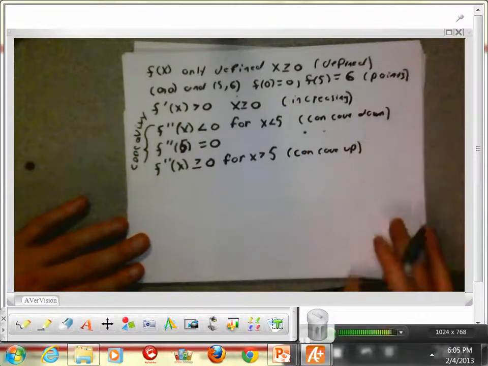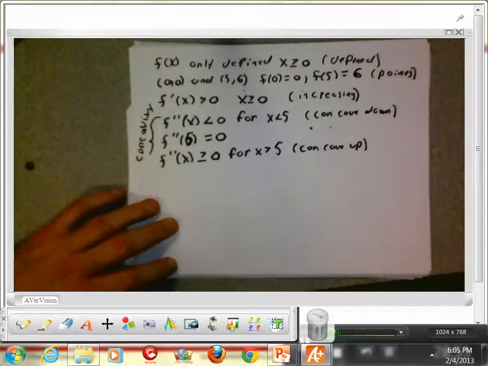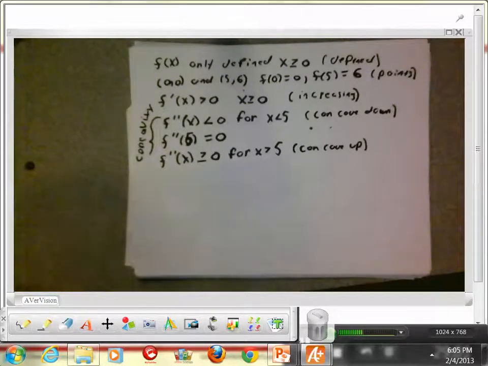Okay, so let's draw this. The way I wrote it down here, it's going to be very easy to draw. The concept is simple, but that doesn't mean the problems aren't tricky, because there's a lot of information here. The more you do it, the better you get. How do I draw this? Well, I just guess.